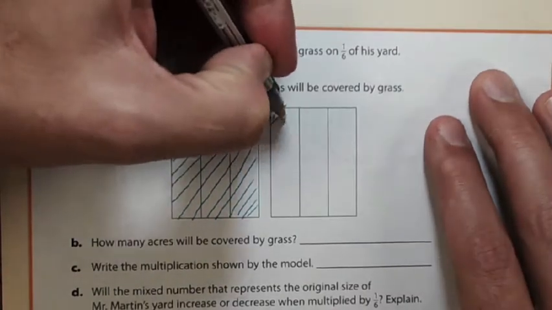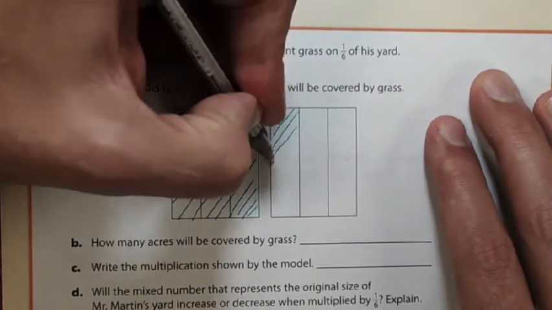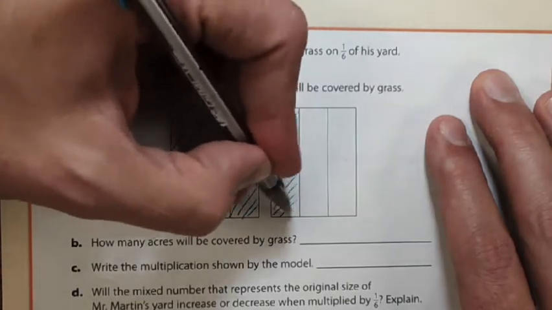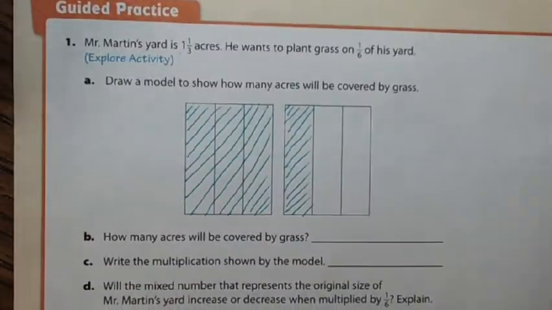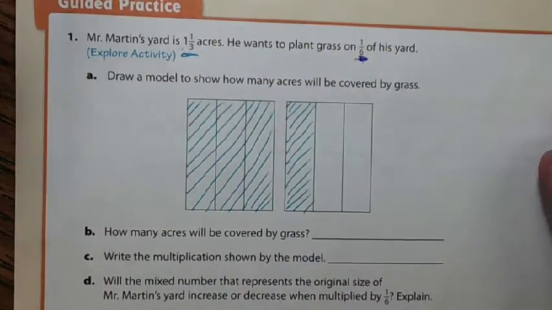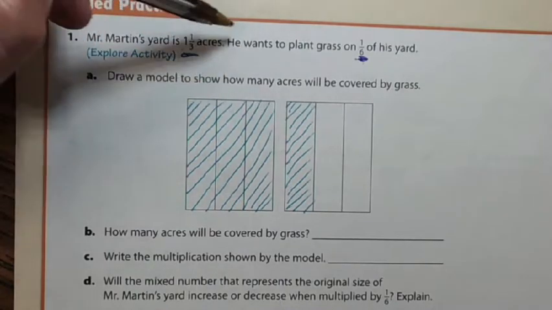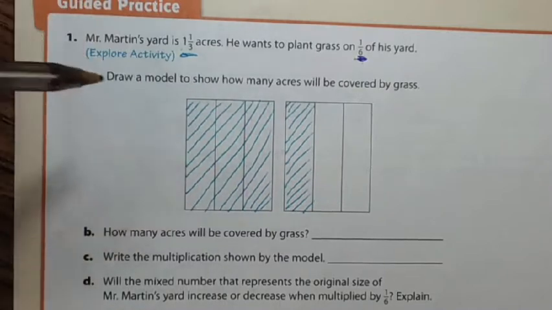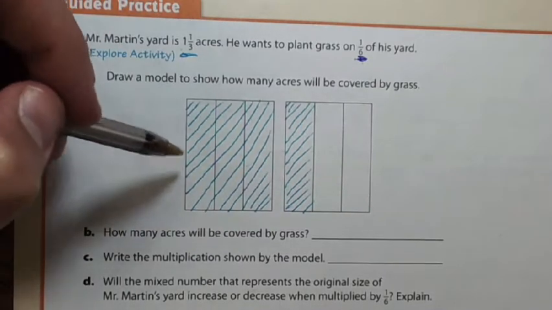And then 1/3. I'm going to shade in 1/3 of the next lawn, the next block. 1 1/3. Alright. And then that's 1 1/3. Then we have to shade in 1/6 of that. So now we're going to take 1/6 of the 1 1/3.